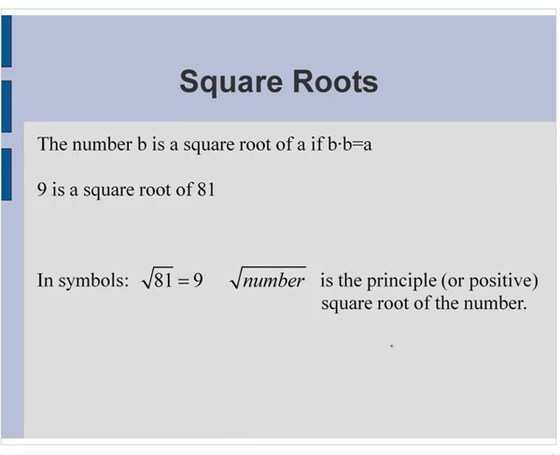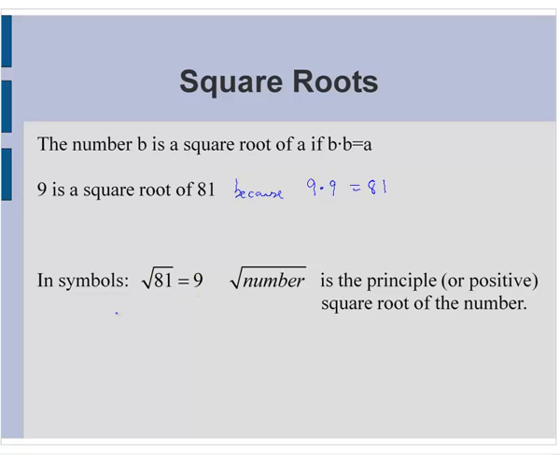All right, so before we talk about what's not rational, let's talk about this thing called a square root. Hopefully you've seen it before somewhere along the lines. We say the number b is a square root of a if b times b is a. So we would say that 9 is a square root of 81 because 9 times 9 is 81. In symbols, we would say that the square root of 81 is 9.